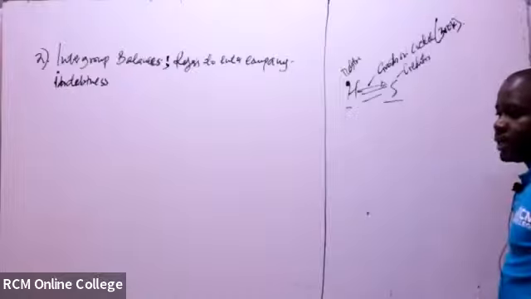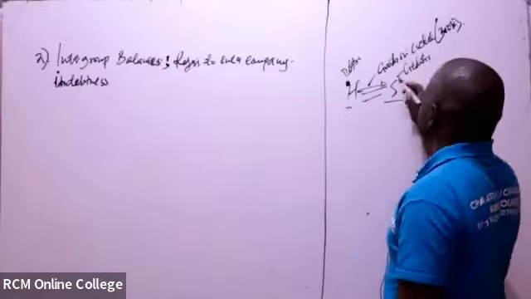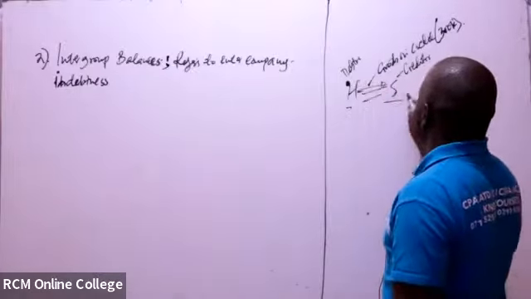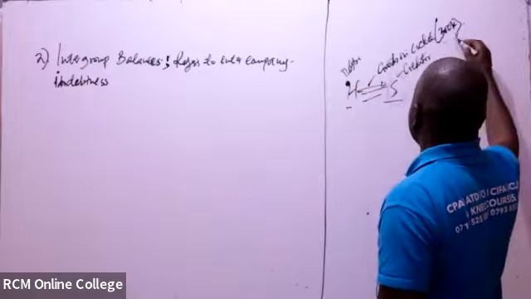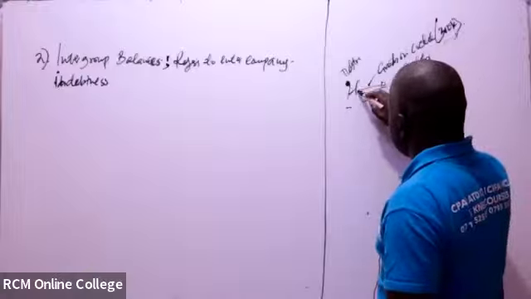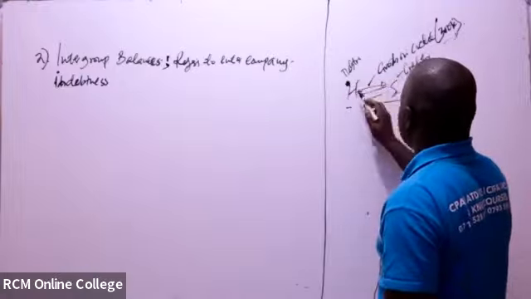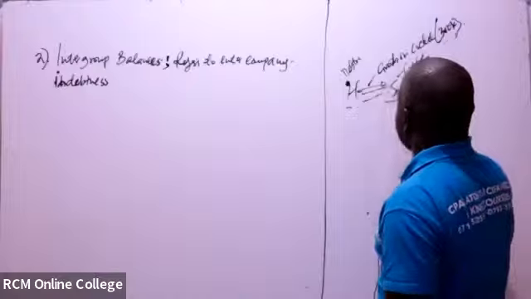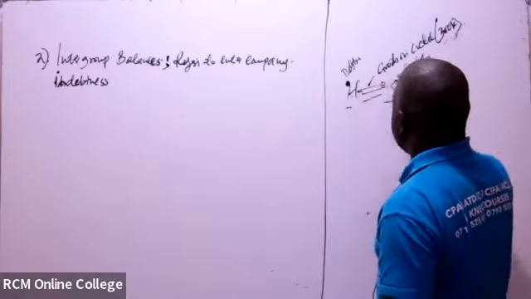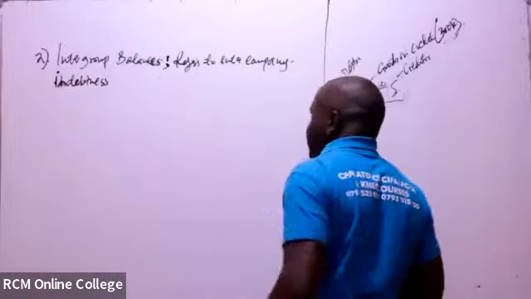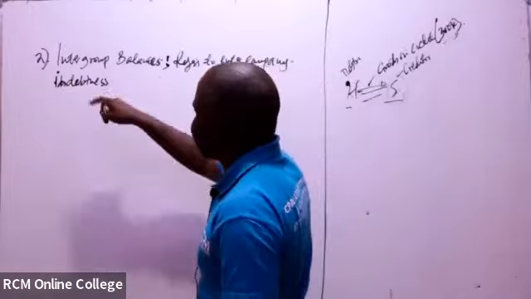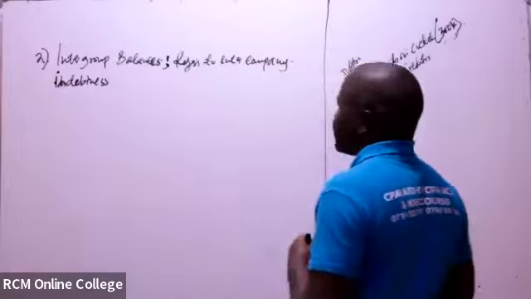So this company will be under obligation to pay the 300K, while the holding company will be anticipating to get this 300K. So it brings about what we call intergroup or intercompany balances. It refers to the indebtedness that arises amongst the members of the group.